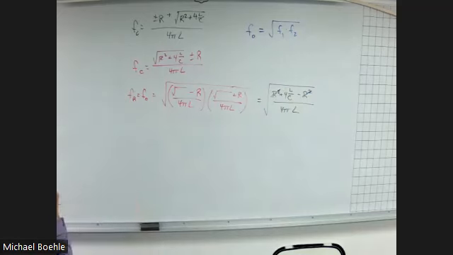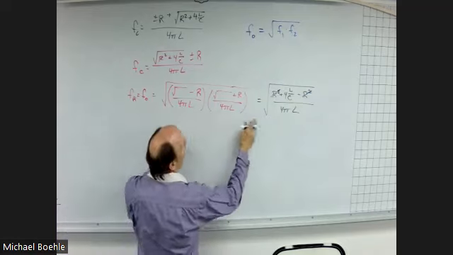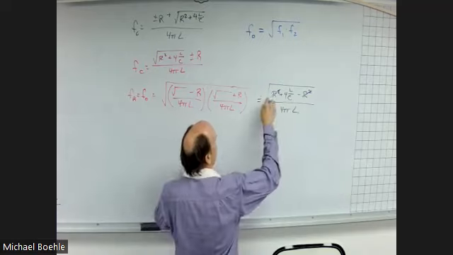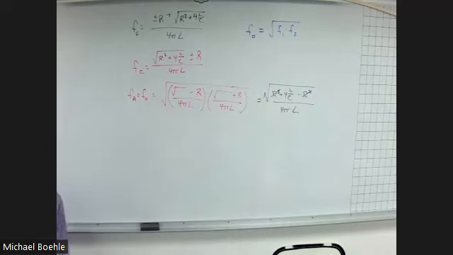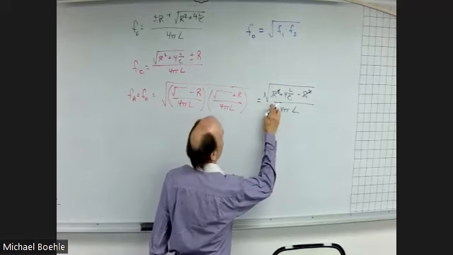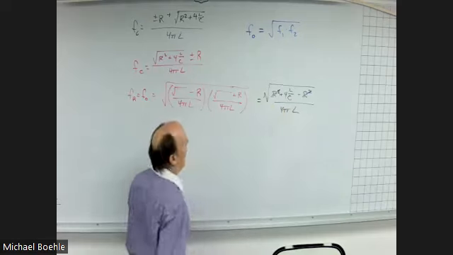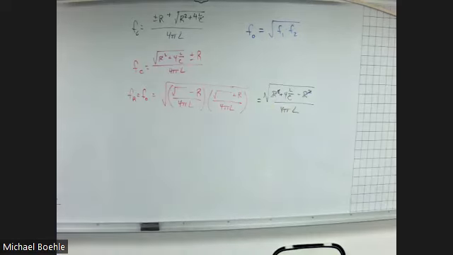Something's wrong. Oh, I already took the square root of the bottom. Sorry. Right. Okay. There we go. I knew something was not quite right there. So if you want, we can extend the radical and just put 4 pi L squared there, but I already took the square root. Okay? Make sense so far?